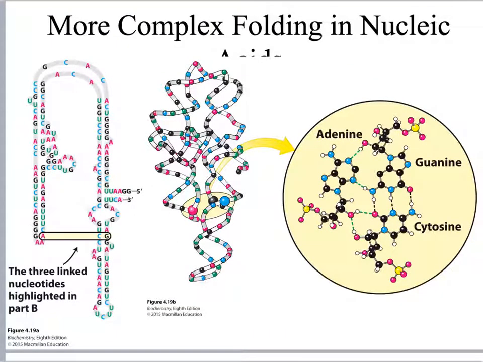And just to show you that you can have more complex folding based on interactions that occur, here's looking at a structure where we have longer range interactions. So single-stranded nucleic acids can form these more complex interactions between more widely separated bases. 3 or more bases can interact to stabilize these more complex structures, and a lot of times it's the hydrogen bonding that occurs between these longer range bases that will stabilize the overall structure. And again, that's useful for things like compacting and interacting with other substances.